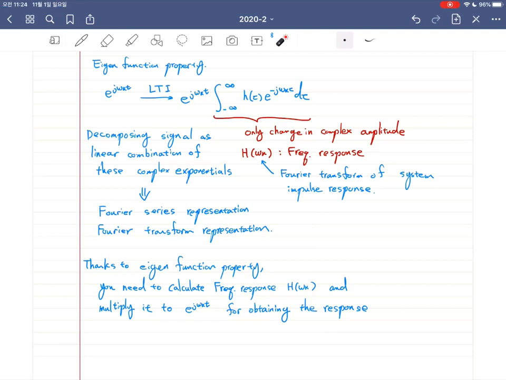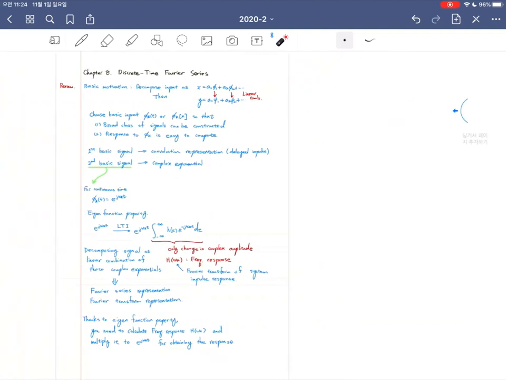Nonetheless, there are different parts. Obviously, there will be different parts between continuous time and discrete time, so I want you to focus on those different factors. Okay, so I think we can start now.